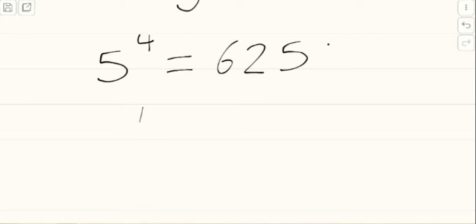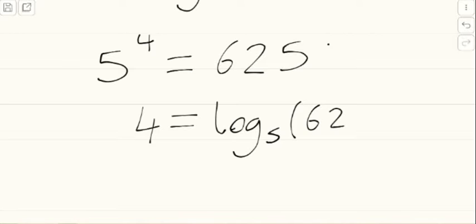We'd say 4, again the power, is equal to log to the base 5 of 625. So again the base 5 is where we start, and we're trying to get to 625. To get from 5 to 625, we have to raise the number 5 to the power of 4.